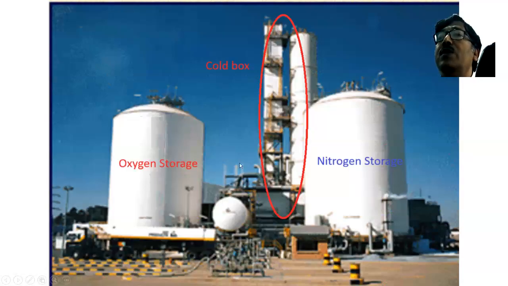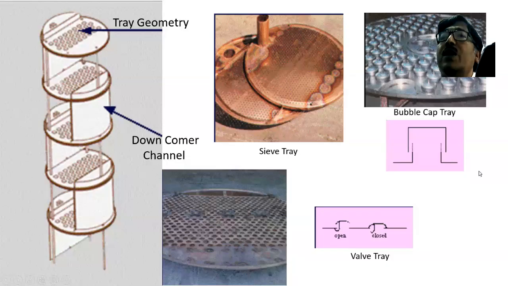So here I have shown that particular cold box where the air separation and purification unit lies. In addition to that, I have shown two cryogenic storage tanks. One is for liquid oxygen and another one is for liquid nitrogen.